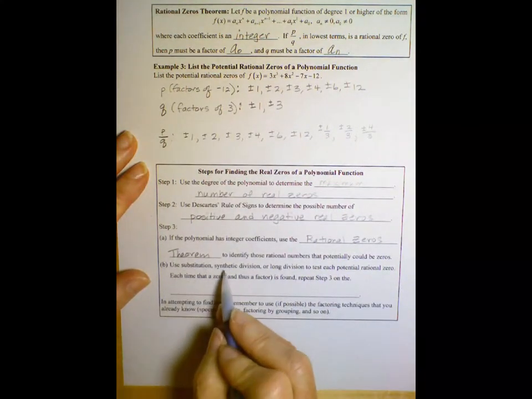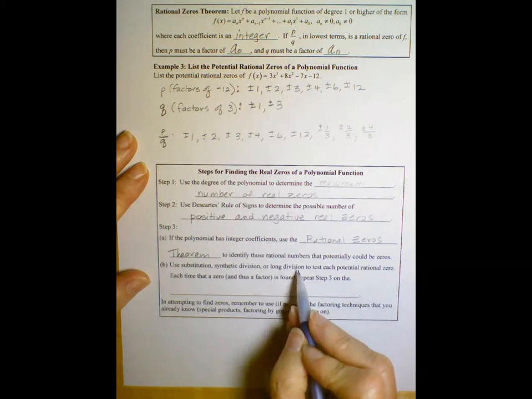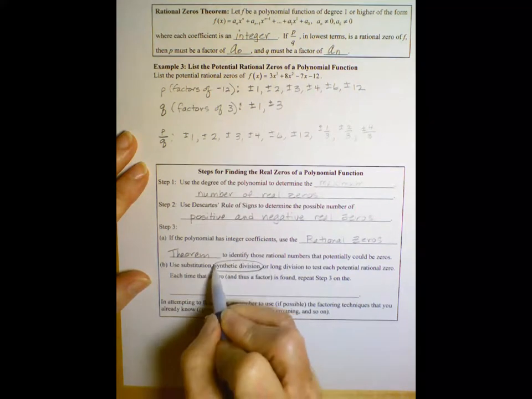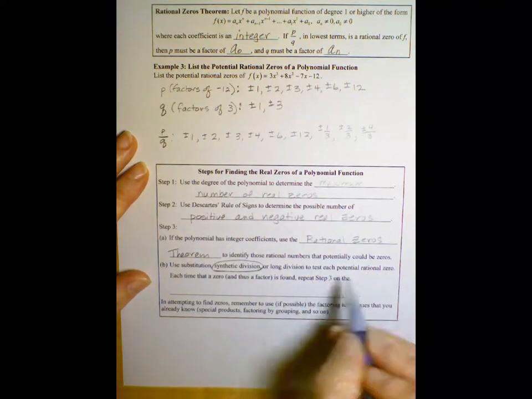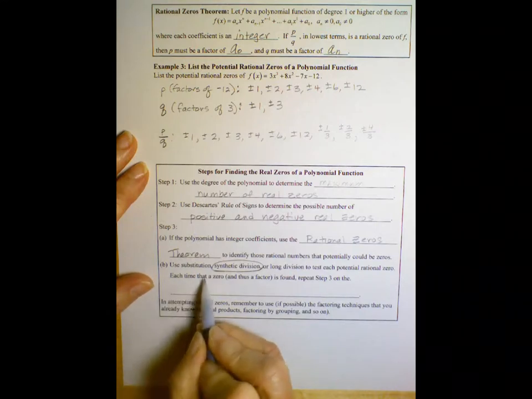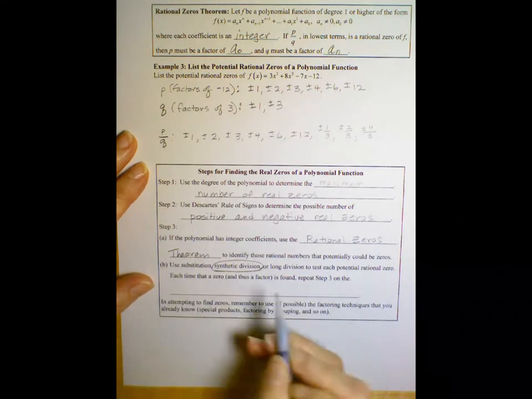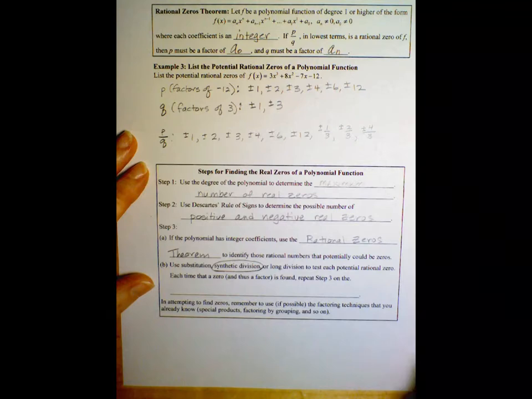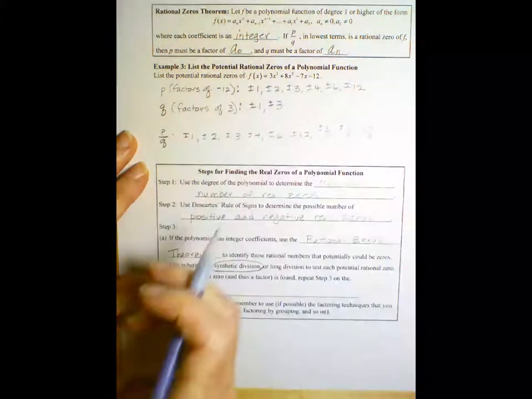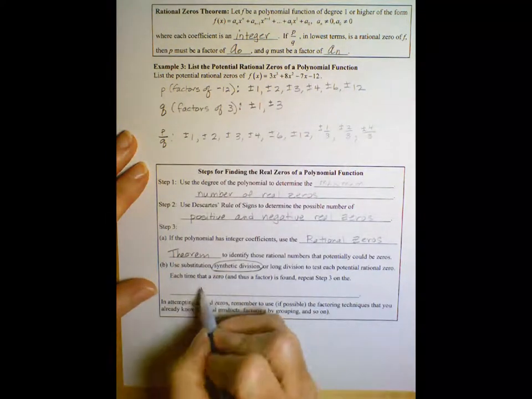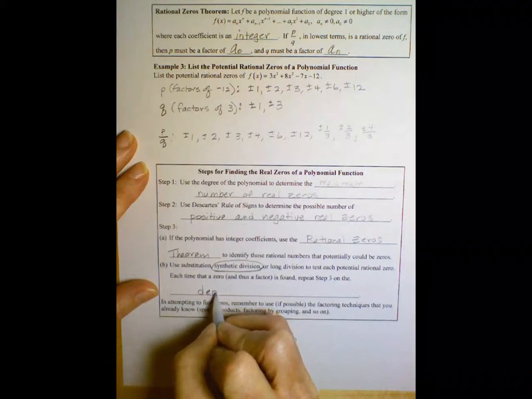Then we'll use substitution, synthetic division, or long division. Well, we're going to use synthetic division to test each potential rational zero. Each time we find a zero, and thus a factor, we will then have what's left. After you factor that factor out, we'll have what's called the depressed equation.